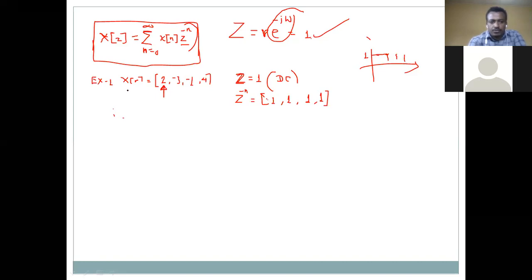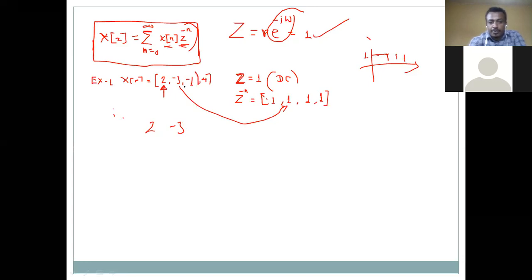So what do we have to do? First, multiply these two, right? X of n with Z, multiply. So 2 times 1, it will be 2. Minus 3 times 1, minus 3. First, multiplication of x of n, z to the power of minus n.